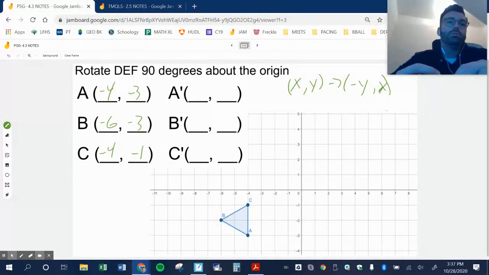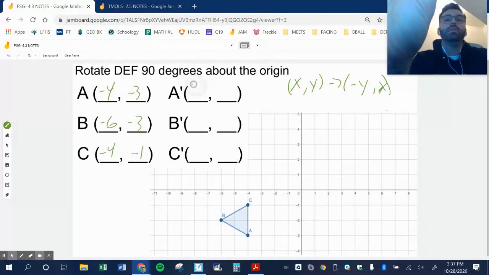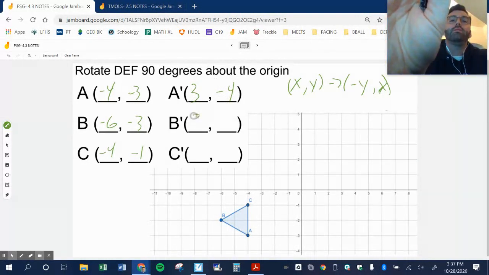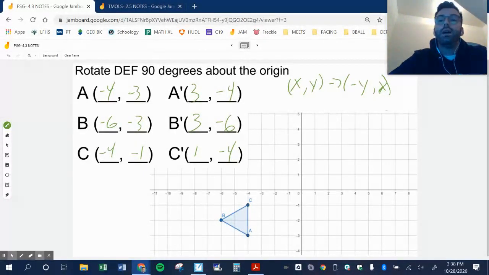Okay, so opposite of Y, then X. Here we go. -4, -3. Opposite of -3 is 3. X does not change. So 3, comma, -4. Then -6, -2: opposite of Y is 2, so 2, comma, -6.